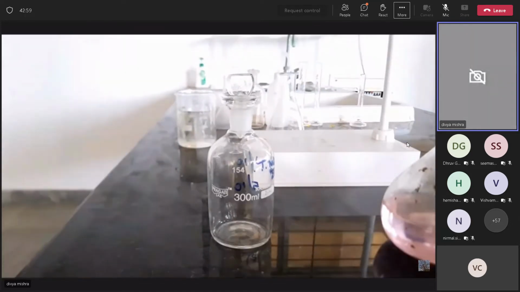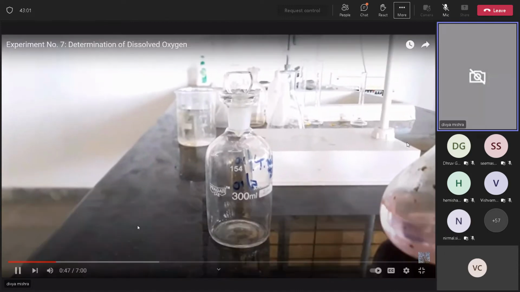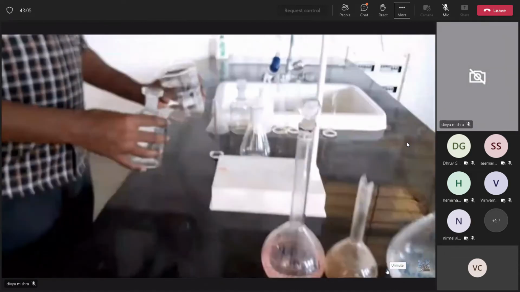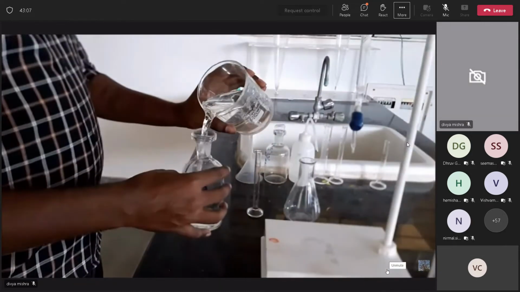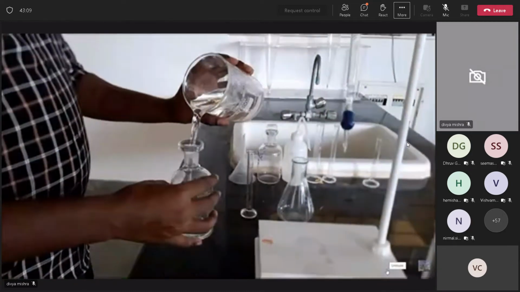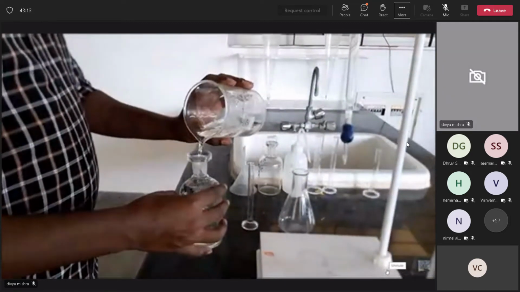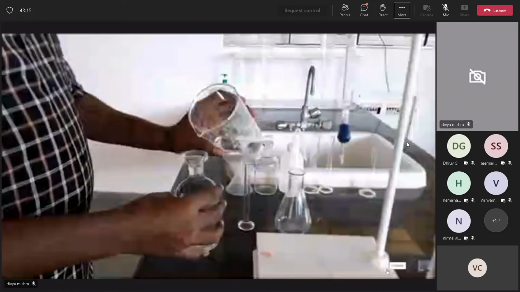This is a BOD bottle of 300 ml capacity. The sample is being filled in the BOD bottle. It is filled completely.